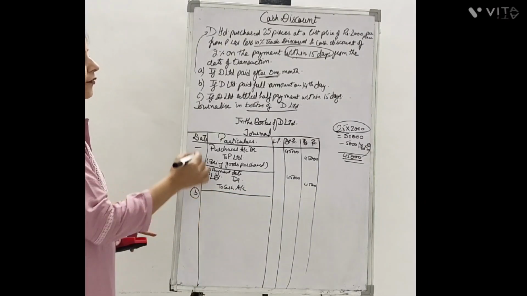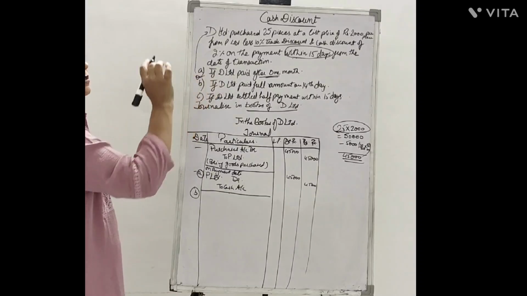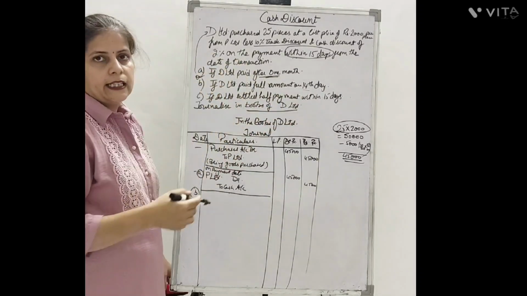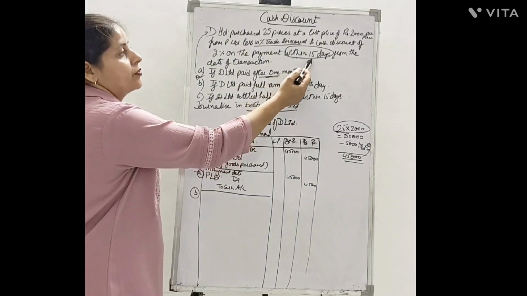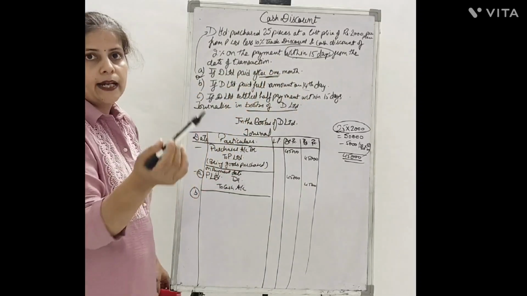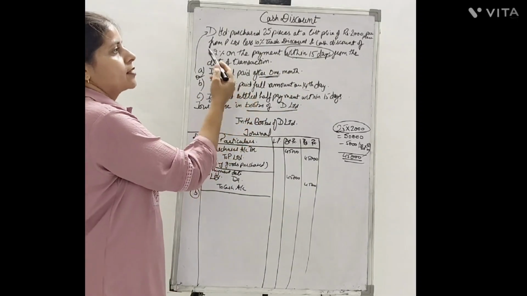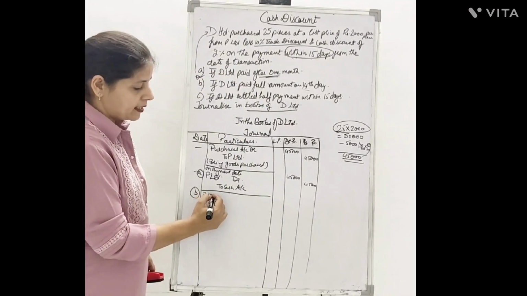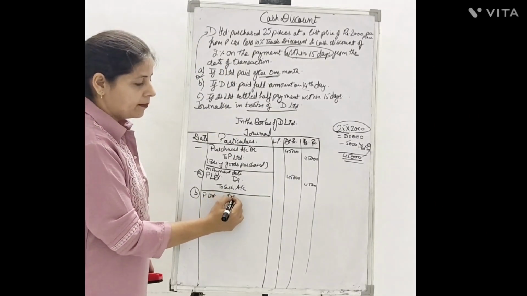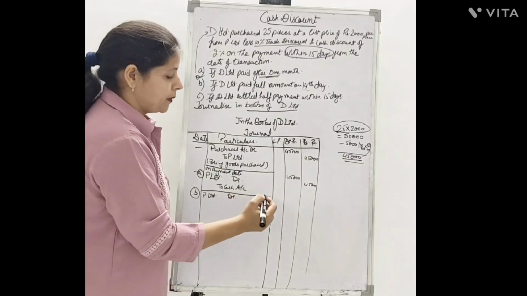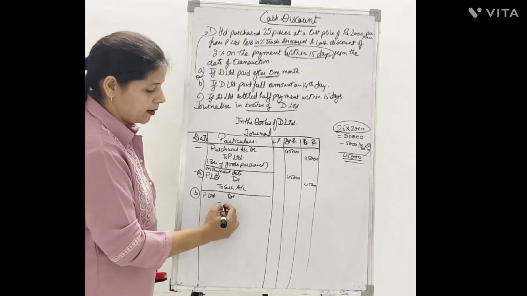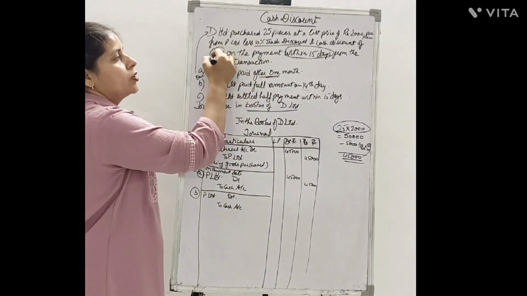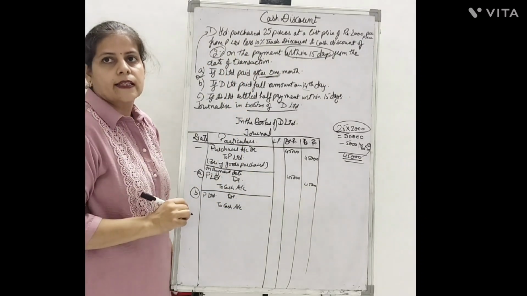Now case B: if he says that the payment is made on the 14th day, that means within 15 days, then there would be a cash discount of 2%. So P Limited is paid. How much payment is he talking about here? Out of 45,000, a 2% discount is availed.